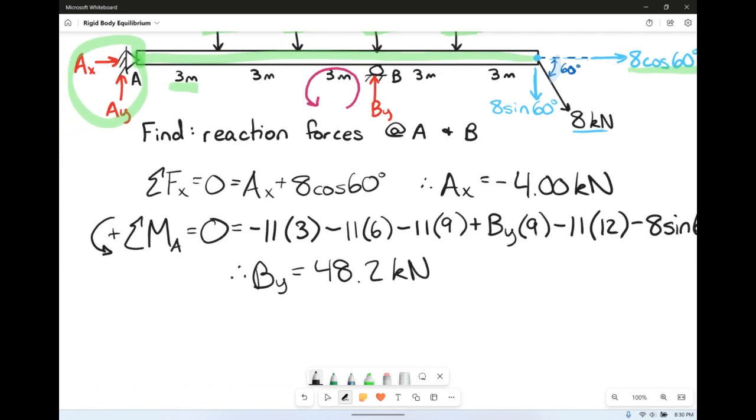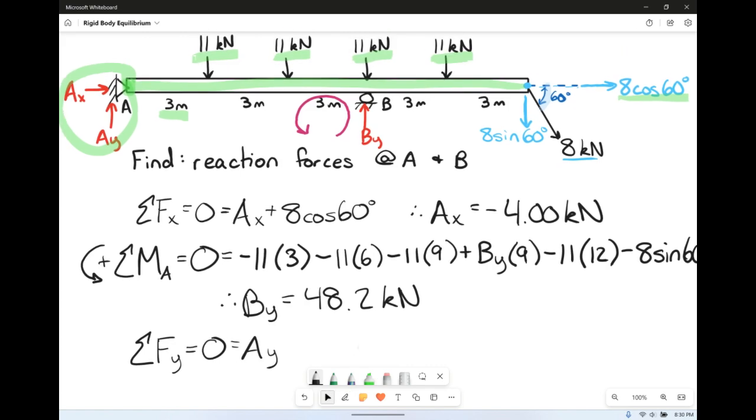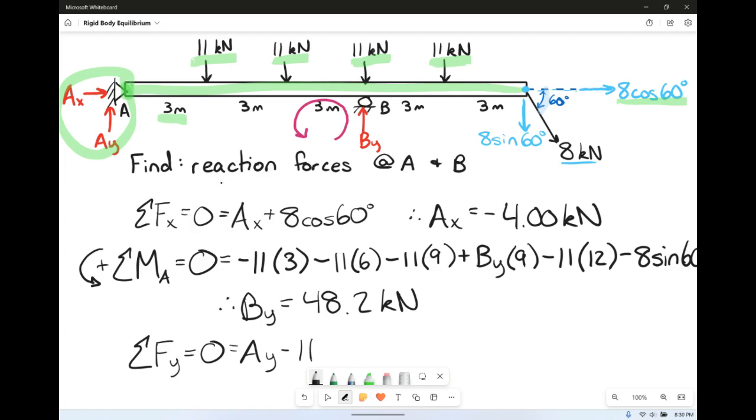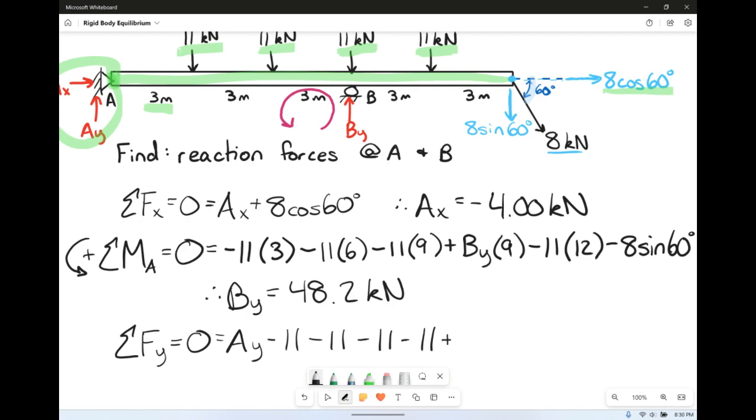So now that we have him, we can go ahead and sum the forces in the y direction and set it equal to 0. We got Ay going up. We've got minus 11, minus 11, minus 11, minus 11. There's four 11 kilonewton loads at the top. Plus we've got By. We said By was 48.2.